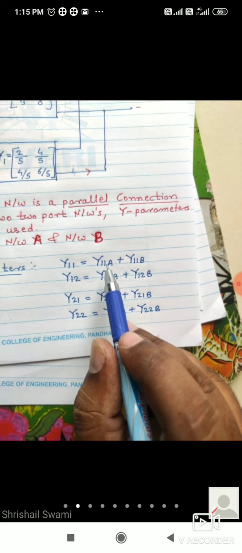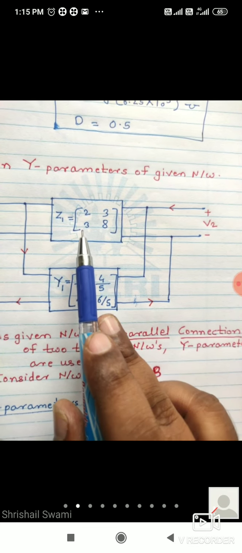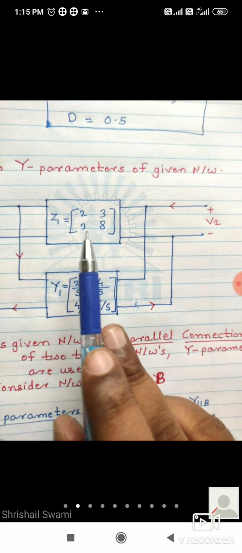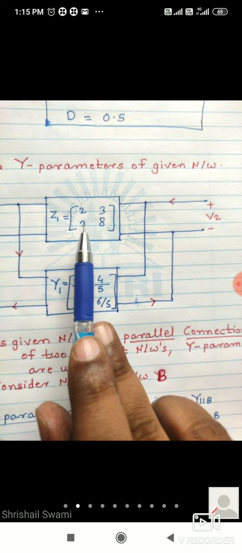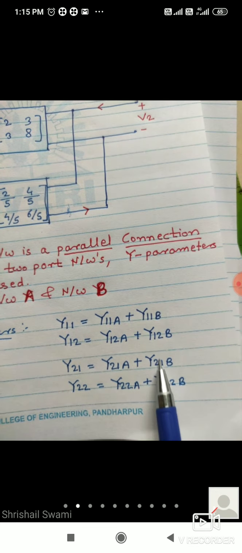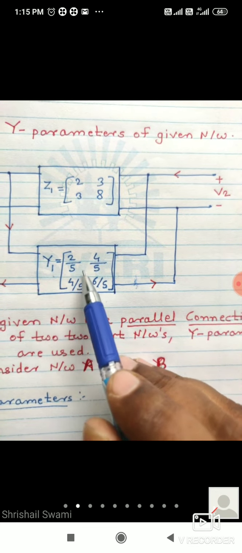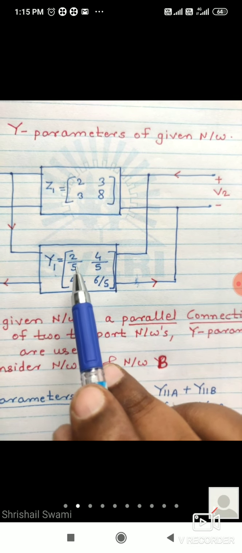आता नेटवर्क A चे Y पॅरामीटर्स दिलेत का? चेक. These are the Z parameters. ओके, Z पॅरामीटर दिले नेटवर्क A चा. नेटवर्क B चा Y पॅरामीटर दिलेत का? Yes, नेटवर्क B चा Y पॅरामीटर दिलेलं आहे, म्हणजे एक काम तुमचं वाचलं.